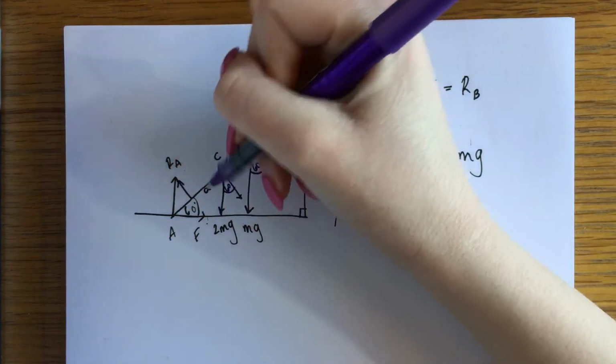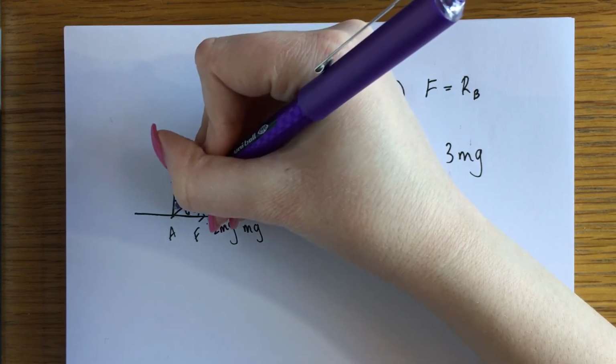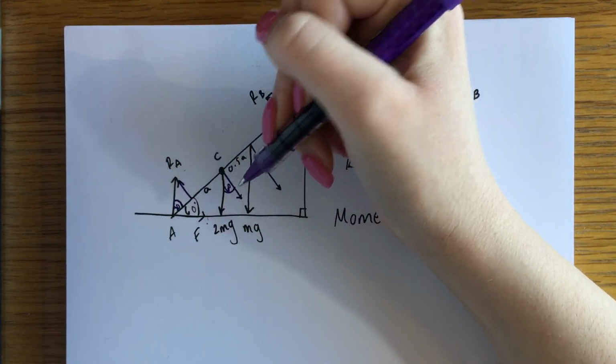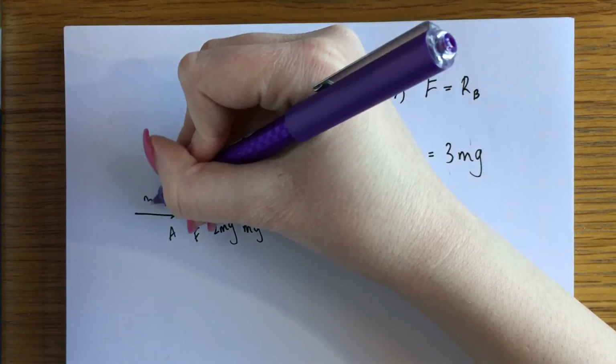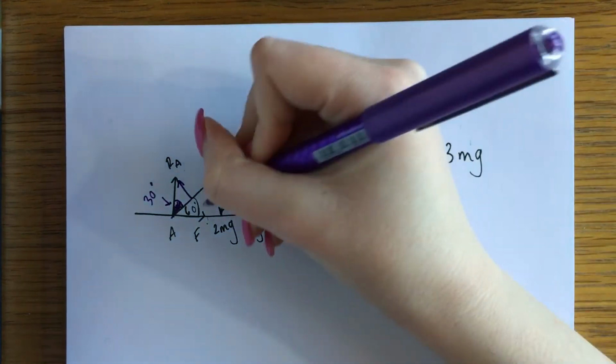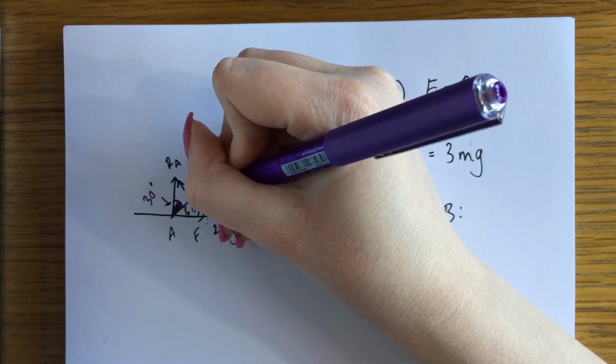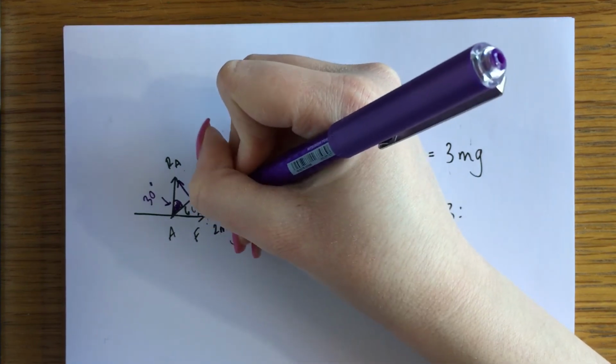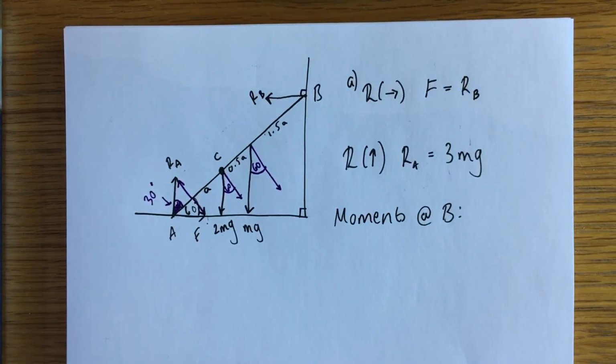So that is going to be going that way. That's got to be 30 degrees. That 30 is really small, but 30 degrees just to convince you that it definitely is. And I've then got a force acting in that direction. Okay.